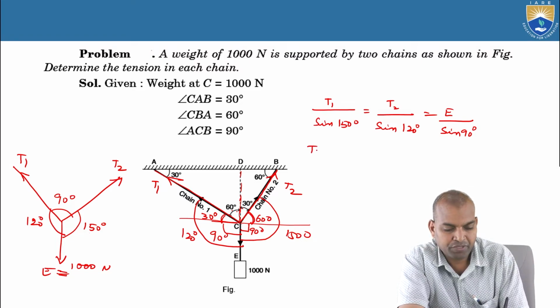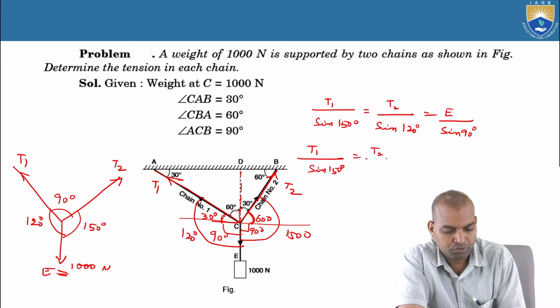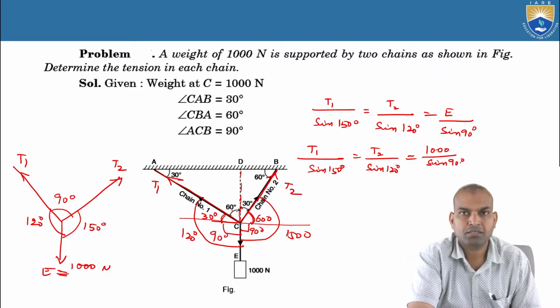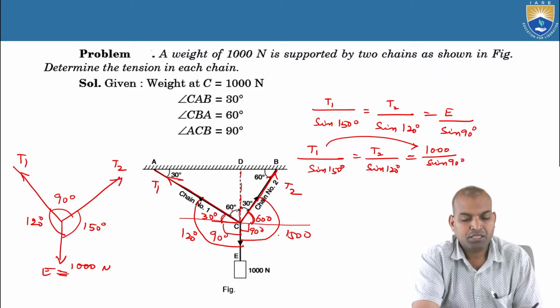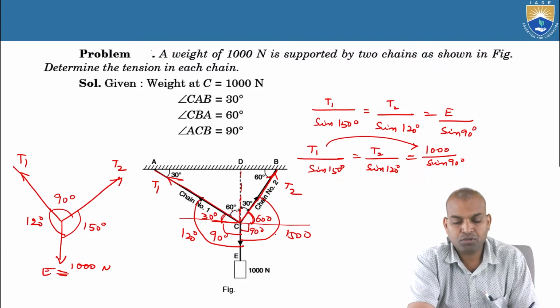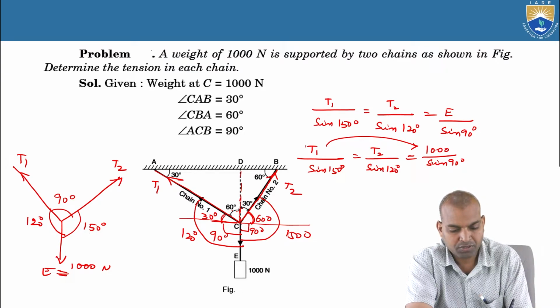We know the value of E. T1 by sine of 150 degree equal to T2 by sine of 120 degree. What is the value of E? That is 1000 newtons, 1000 by sine of 90 degrees. Now, if we equate T1 by sine 150 degree equal to 1000 by sine 90 degrees, from that T1 comes.